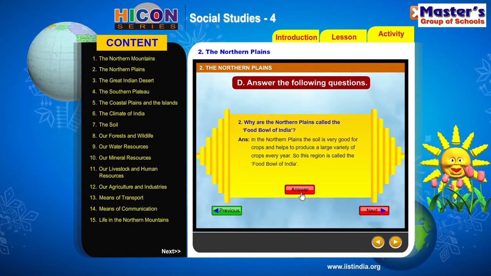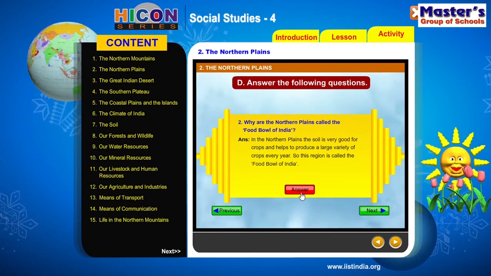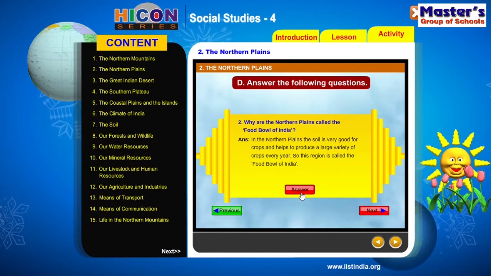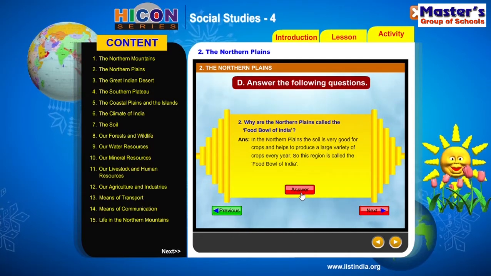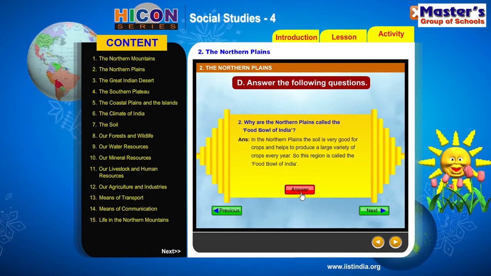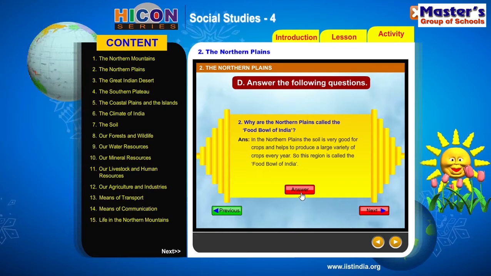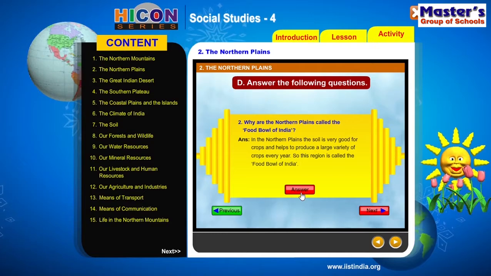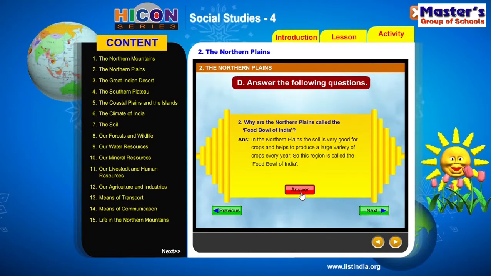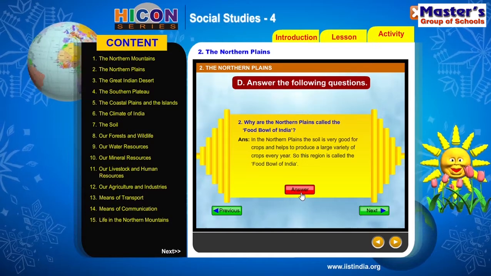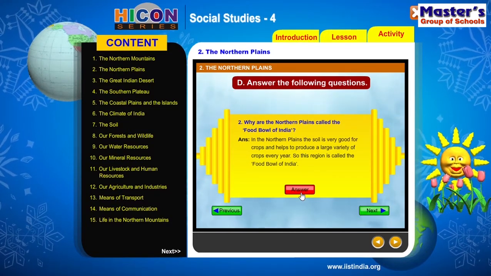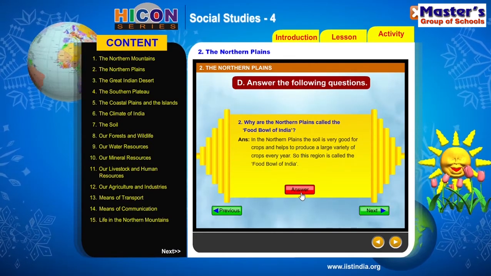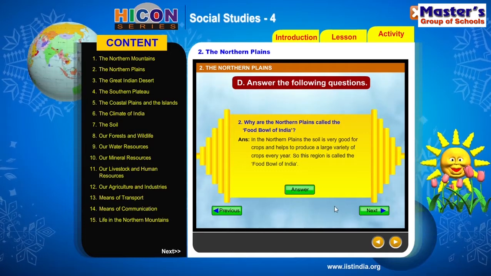Answer: in the northern plains, the soil is very good for crops and helps to produce a large variety of crops every year. The soil is very fertile and that helps in the production of a large variety of crops. That is why the region is called the food bowl of India. We will move on to the next question.